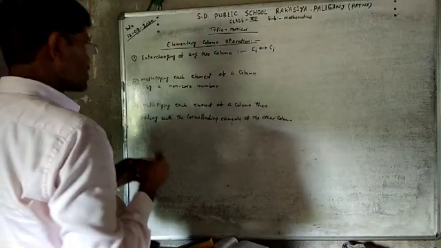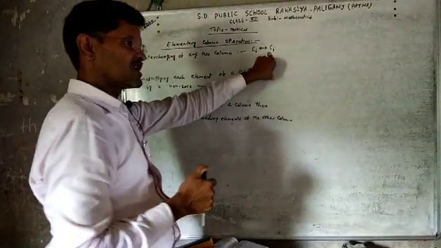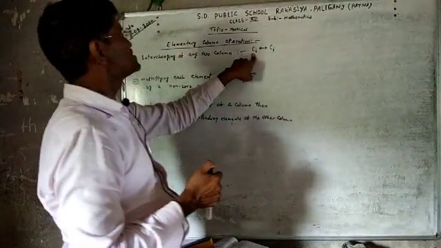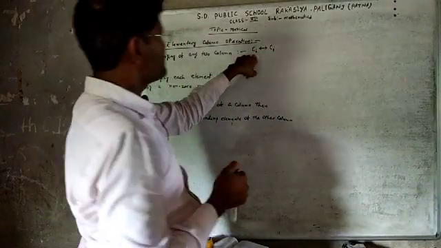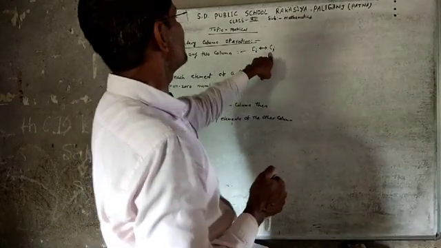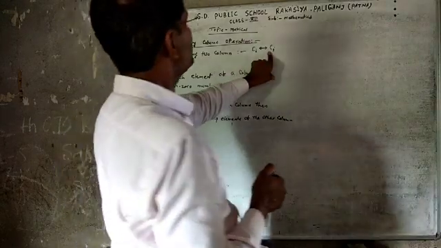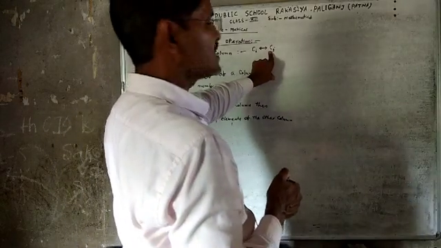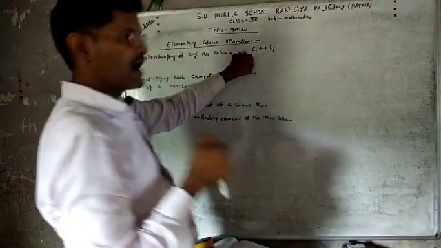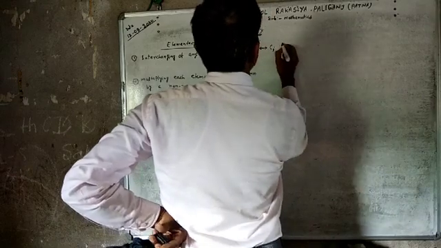It means the ith column is interchanged with the jth column, and the jth column with the ith column. Every element of the ith column is put at the place of the corresponding element of the jth column, and every element of the jth column is put at the corresponding place of the ith column.